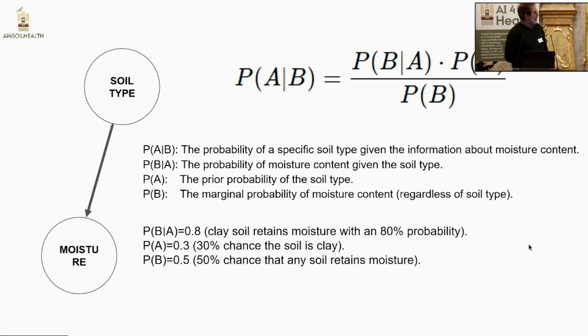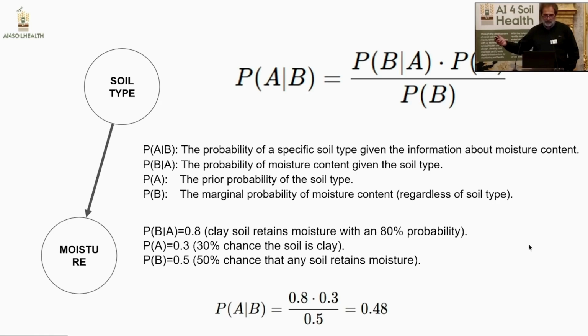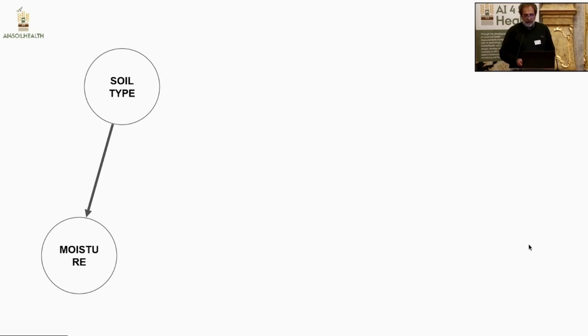We know that in the area where we have done sampling, 30% are clay, and there is a 50% chance that any soil retains moisture. Then we can, in a very easy way, calculate the chance that this sample, which contains moisture, is clay or not.